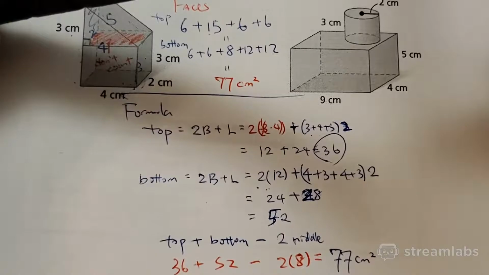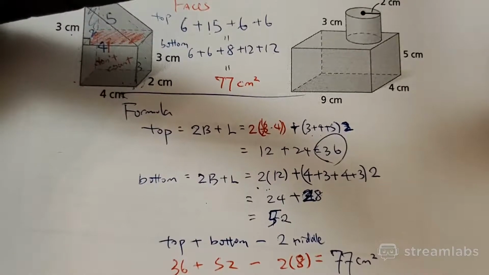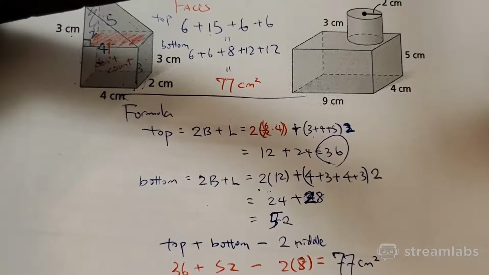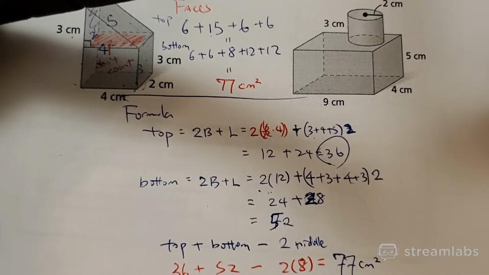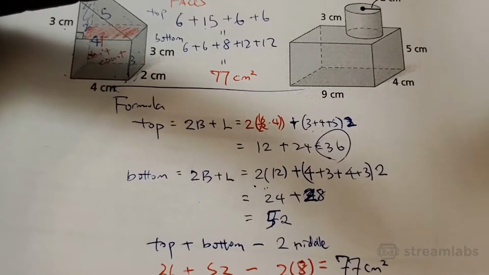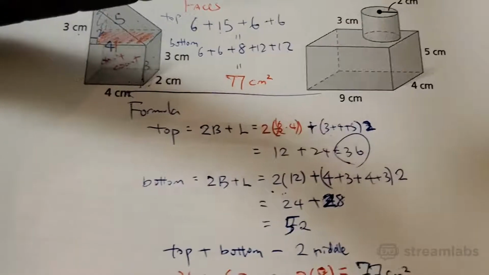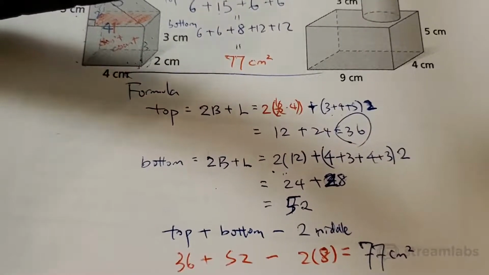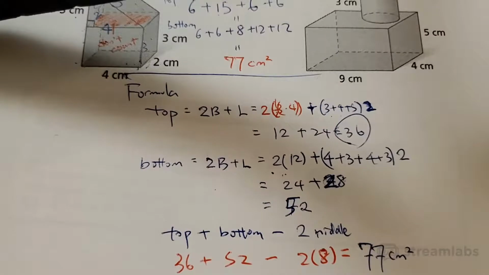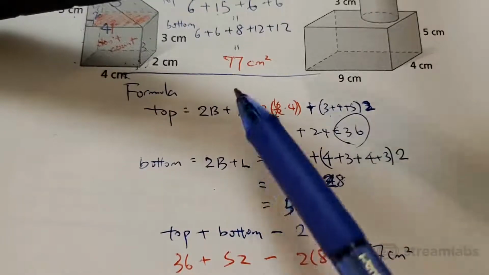What happened? 14 times 2. 52. Yeah. Wait a second. Why is 77? Oh my goodness. Why is it 72? Is it 72? Do you guys say 72 or 77?